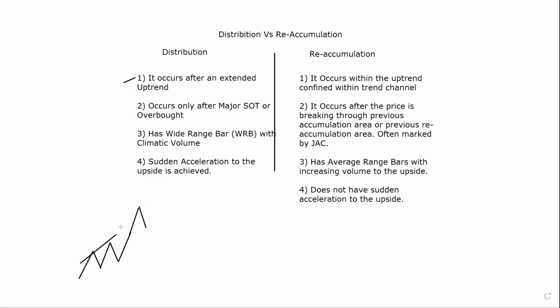Now if you compare this move here to this move, this one is sudden acceleration. Do you agree? As compared to the previous up move, this is sudden acceleration. So this is the first point of distribution.